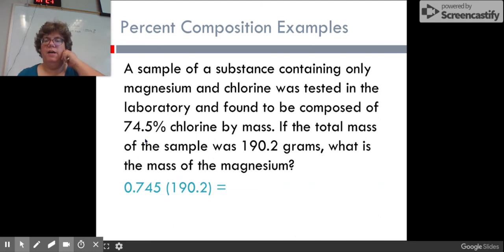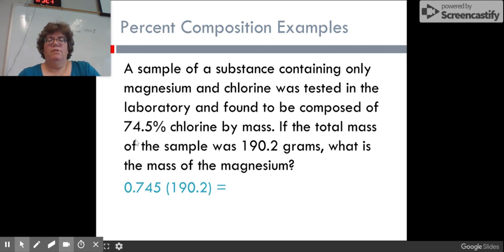All right, now let's try another example here that's kind of written out. It says a sample of a substance containing only magnesium and chlorine was tested in the laboratory and found to be composed of 74.5% chlorine by mass. If the total mass of the sample was 192 grams, what is the mass of the magnesium?